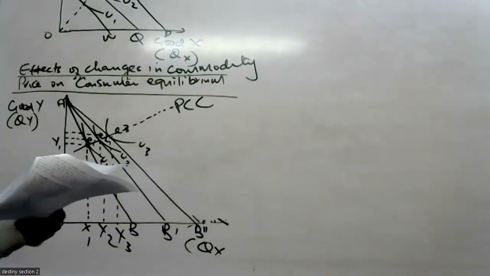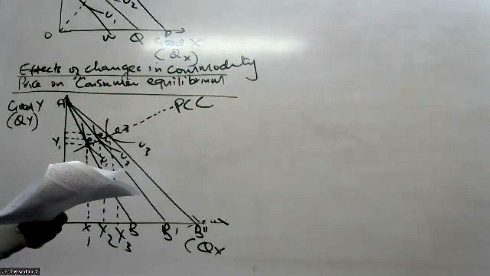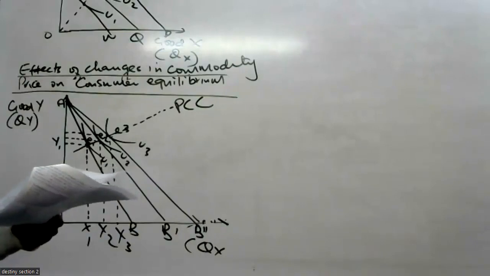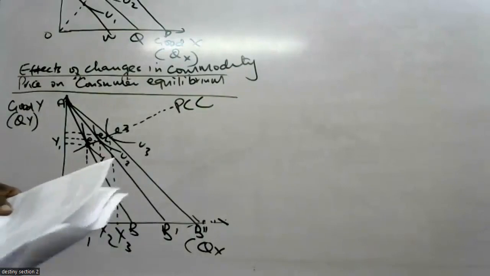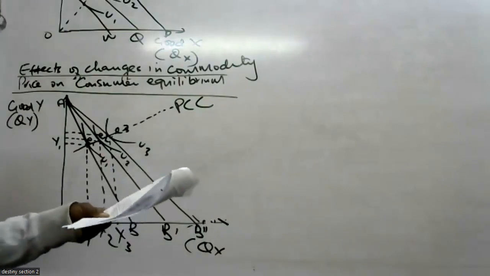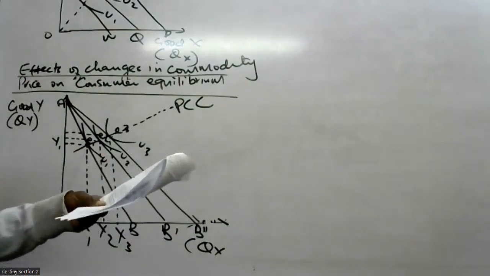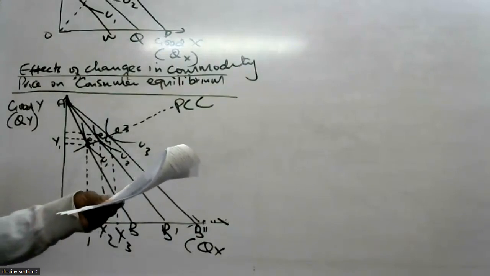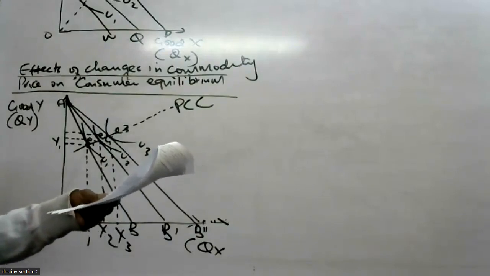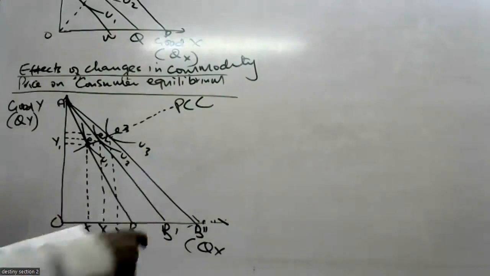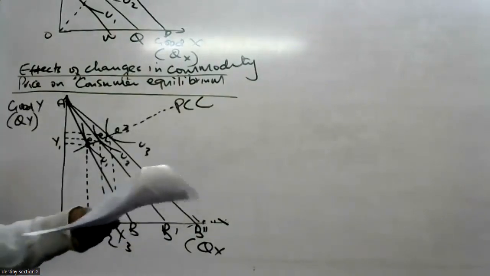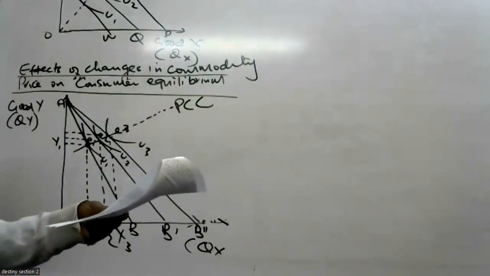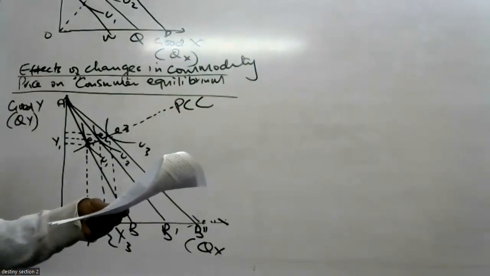If the price of commodity X is allowed to fall further, the budget line will pivot further to the right, to AB double prime, forming a new equilibrium at the point of tangency with a higher indifference curve, U3.